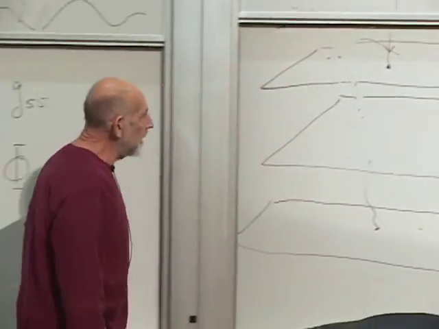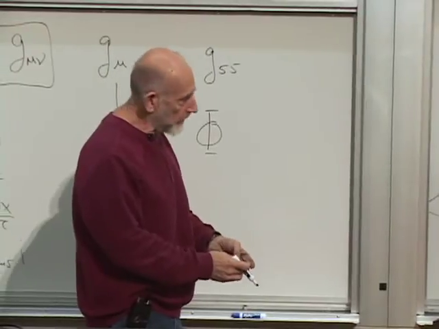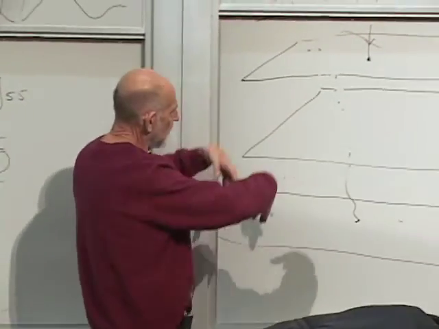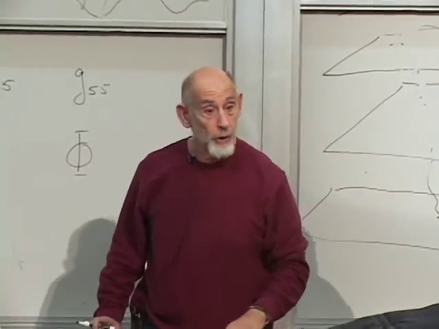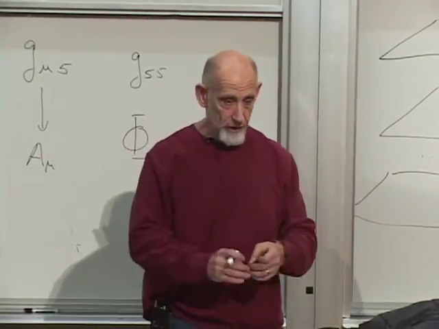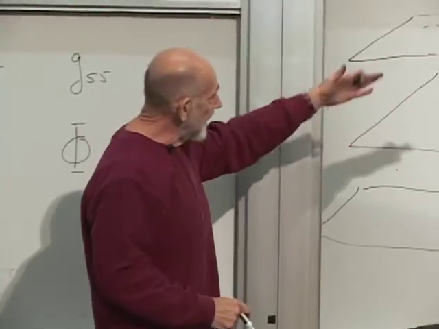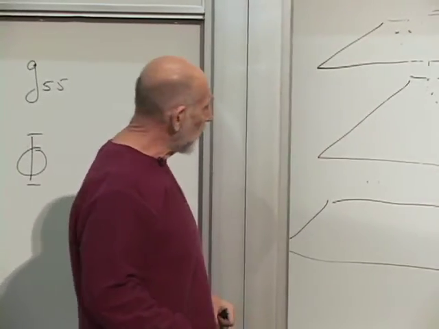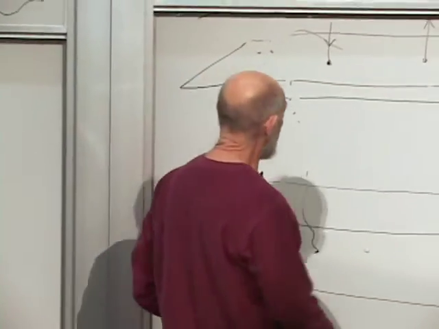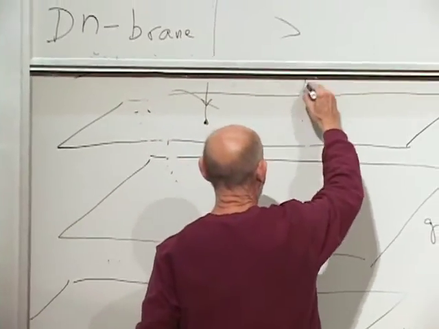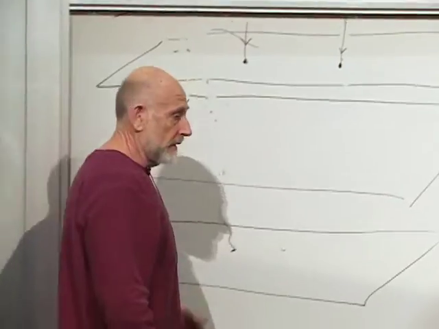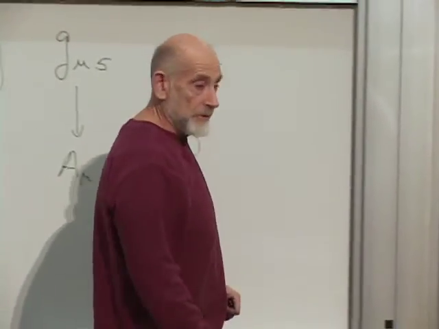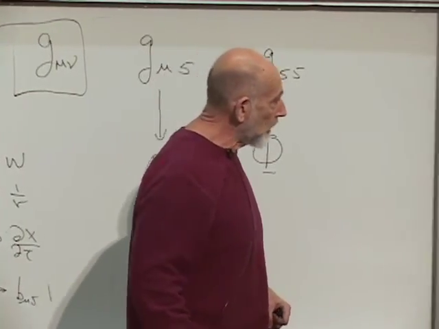When a string coming in and a string going out meet each other, they can join and just disappear off the brane. That's annihilation of a quark and an anti-quark. If there are 2 quarks, they can't annihilate. They're stuck there. And that's exactly the same rule as for quarks.